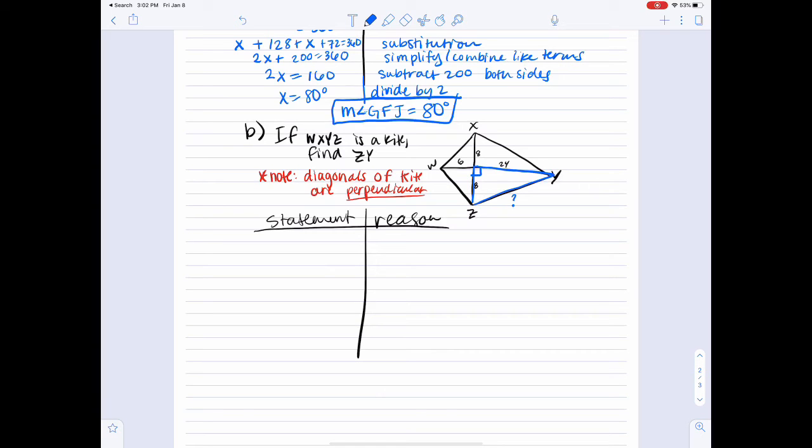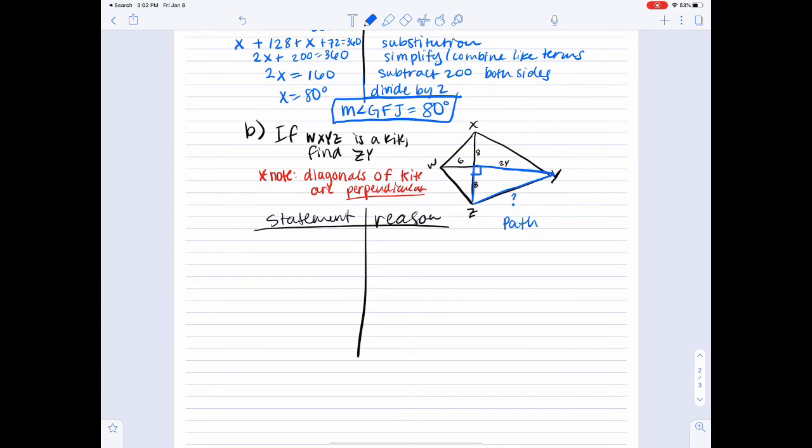So actually we can use some old information. We have a right triangle, we have 8 and 24. We have 2 out of 3 sides of a right triangle. That means we can use the Pythagorean theorem, because we're trying to find that third side. And remember, it's the 2 legs squared and added together equals the hypotenuse, okay?